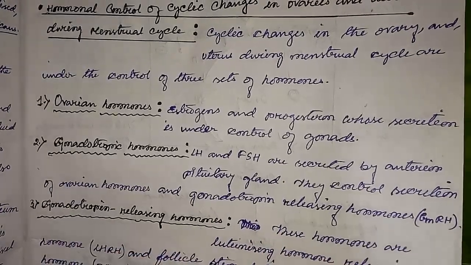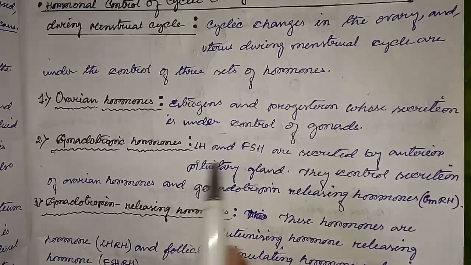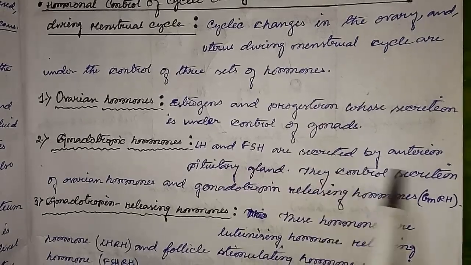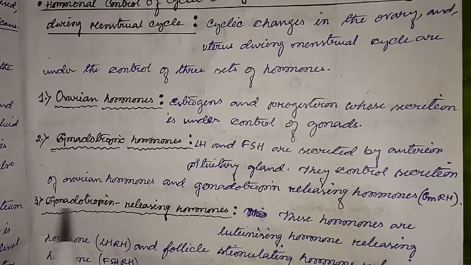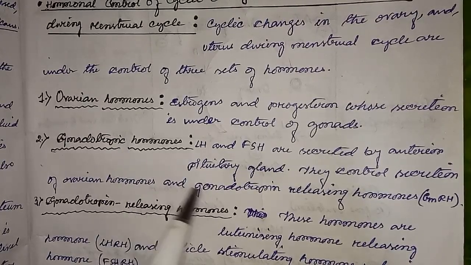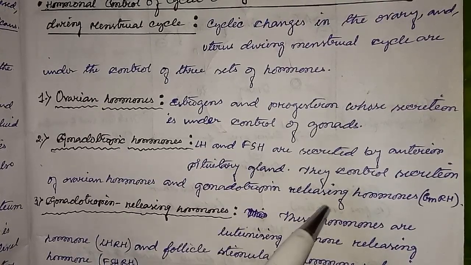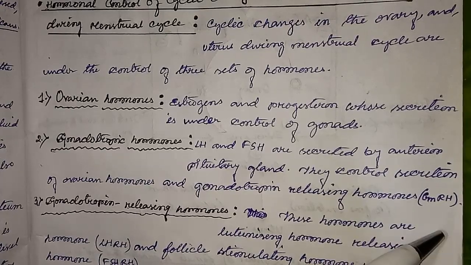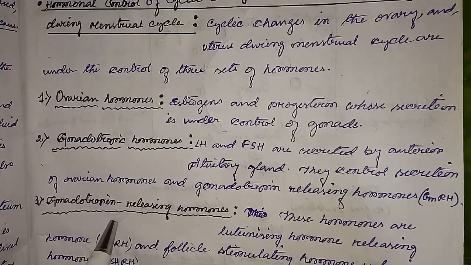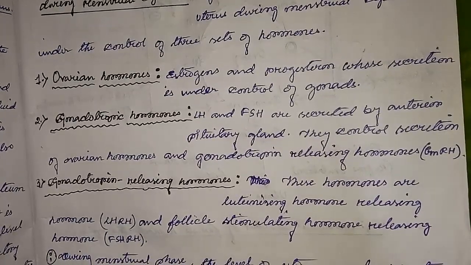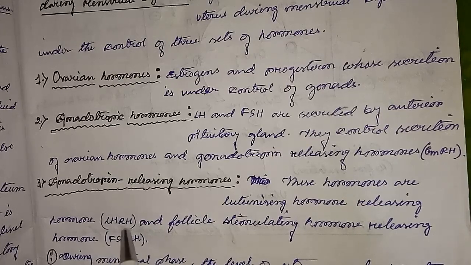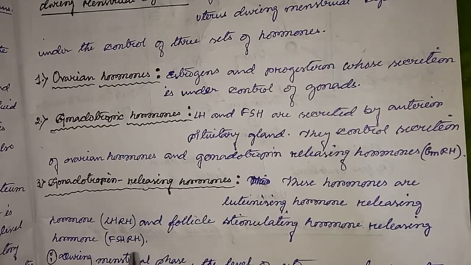Second, gonadotropic hormones, LH and FSH, are secreted by the anterior pituitary gland. They control secretion of ovarian hormones and gonadotropin releasing hormone, that is GnRH. These hormones are luteinizing hormone releasing hormone, that means LHRH, and follicle stimulating hormone releasing hormone, that is FSHRH.